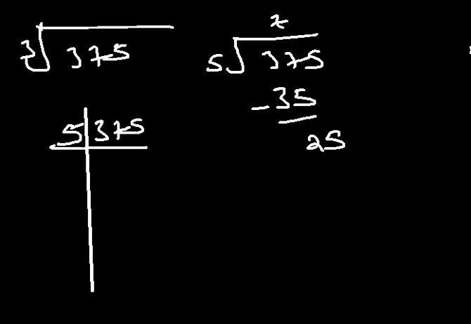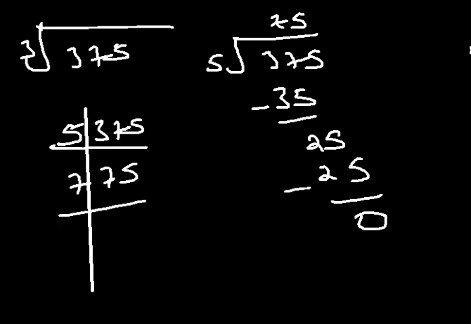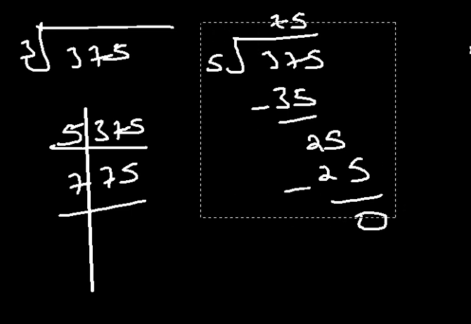And the 5 into 25, we'll have it as 5. So 5 into 25, we'll have 25, minus, we'll have 0. So this is 75. So how about 5 into 75? We also have to work it in the same way.